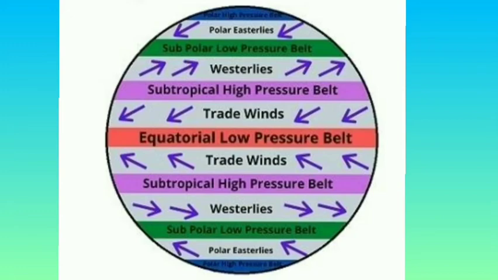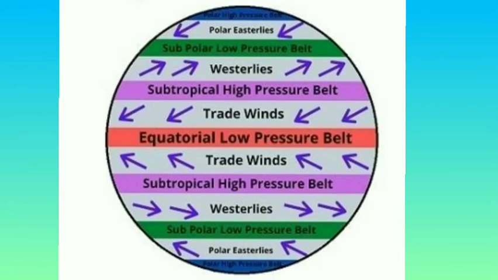Then again we have the subpolar low pressure belts, and then the polar high pressure belts. It's obvious that the polar regions are permanently snow covered, so the air present there is high and heavy, so the pressure will also be high. This is the perfect balance, and it is located in perfect synchronization. So you need to learn this diagram, children, which will help you understand it better.